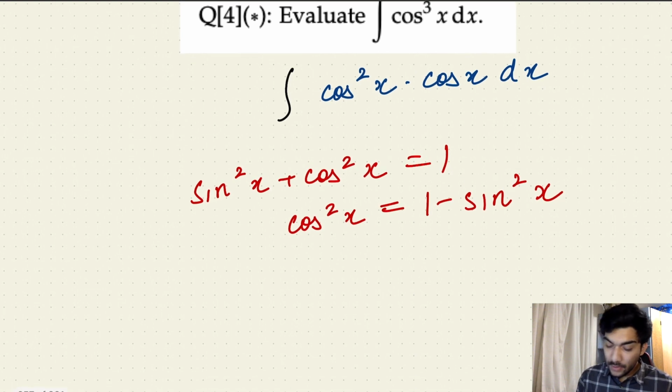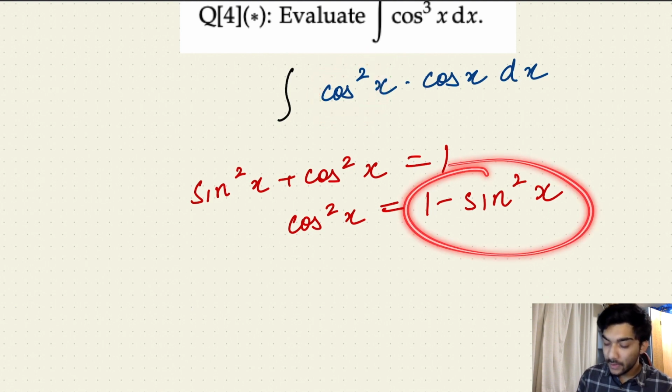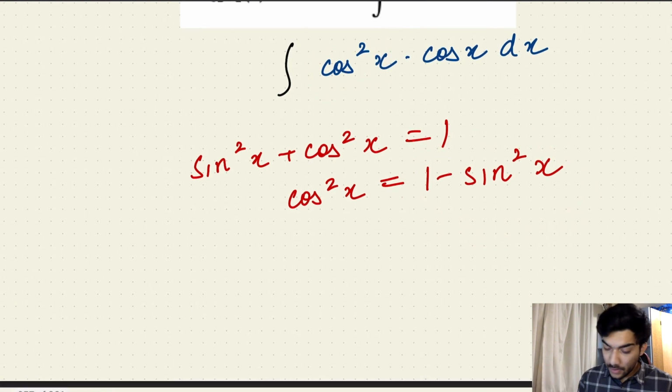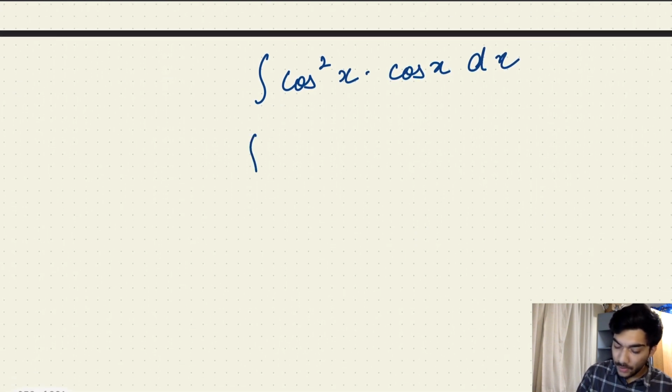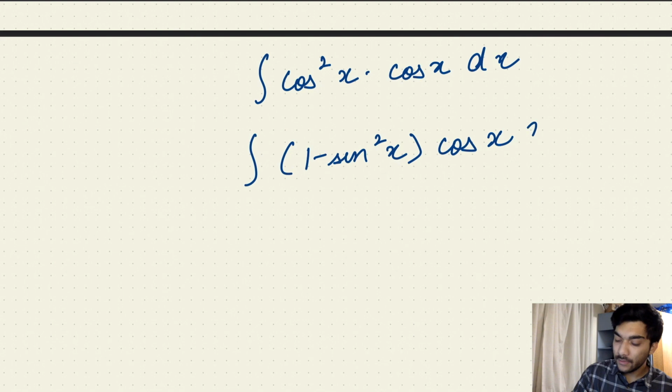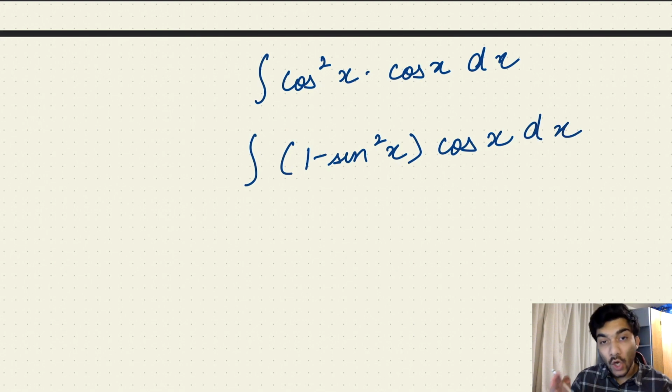So now let's change this indefinite integral and substitute the value of cos² x in terms of a sine expression. So now we have the integral of cos² x cos x dx, and since cos² x is also 1 minus sin² x, this cos x will remain the same because we want cos x and sin x together in order to use substitution.